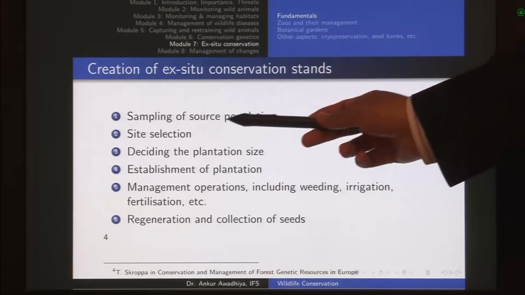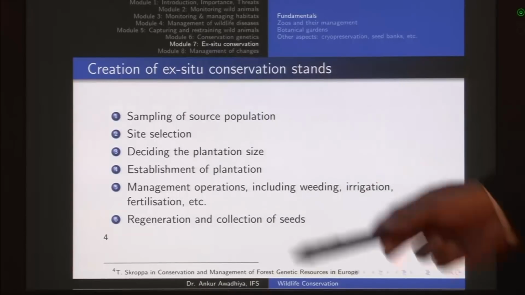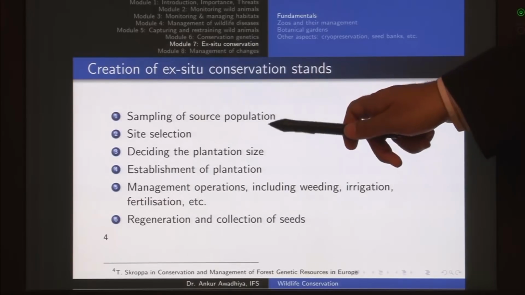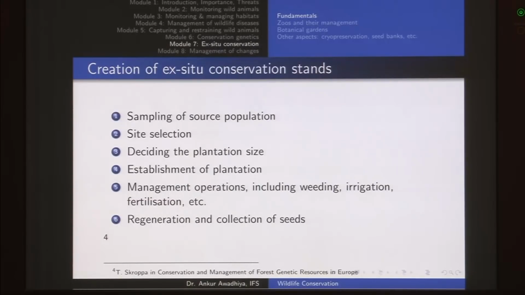Once we have done the site selection, and decided on the initial plantation size and the size of the area, next we establish the plantation. Establishment means that we bring seeds and saplings from their natural areas, translocate these individuals, and try to establish them on our site. Once that is done, the next step is management operations, including weeding, irrigation, fertilization and so on.